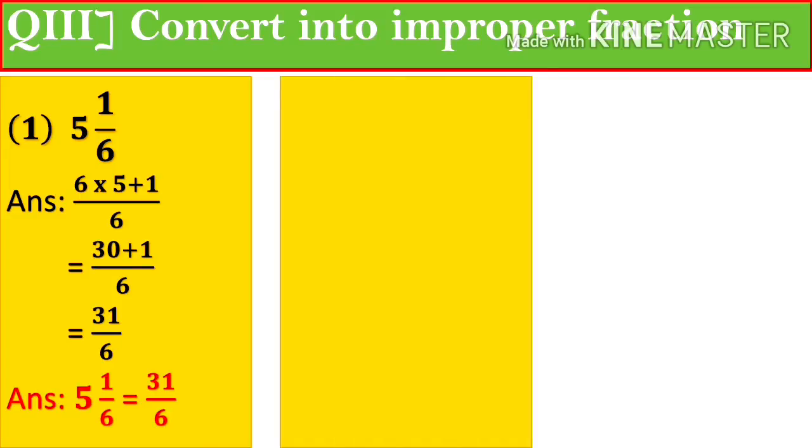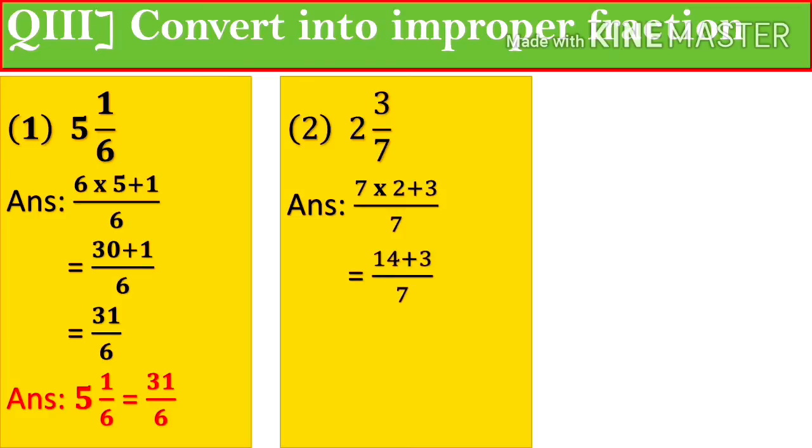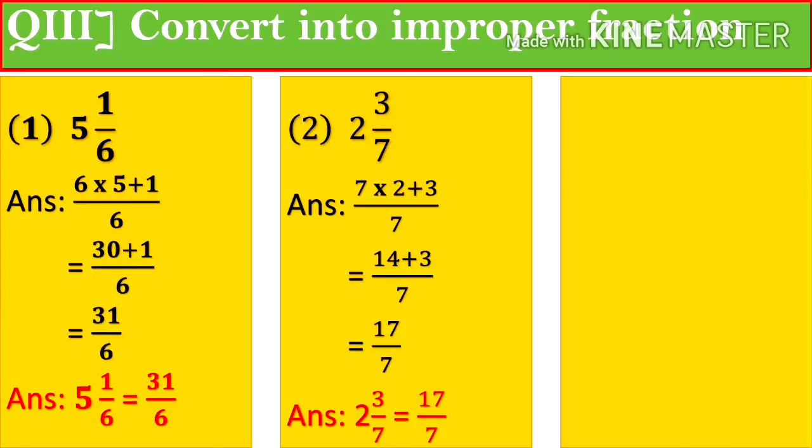Now the second one is given: 2, 3 upon 7. So 7 multiplied by 2 plus 3 upon 7. Here we get 7 twos are 14 plus 3 upon 7. So 14 plus 3, how much, students? 17. So our answer is 17 upon 7. The third one is given: 7, 1 upon 3.